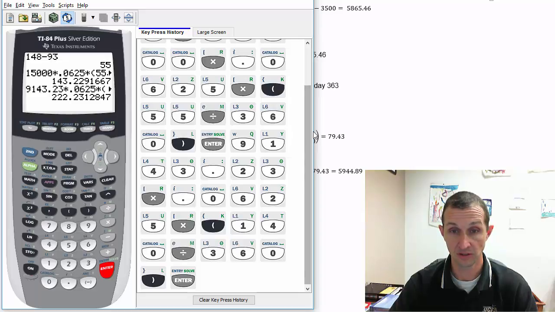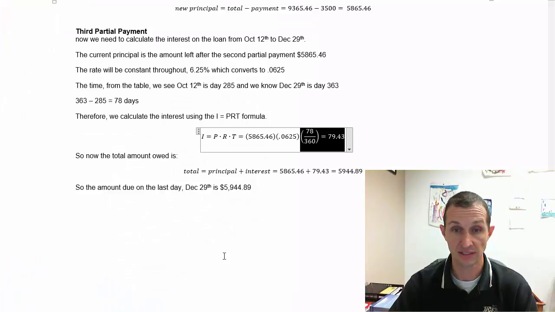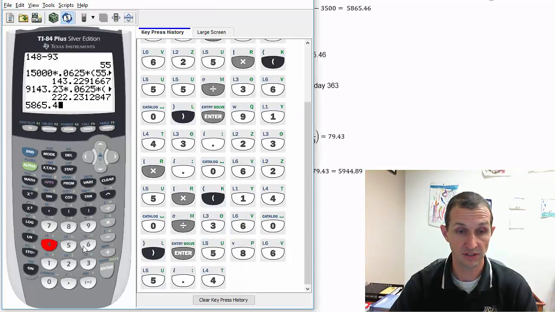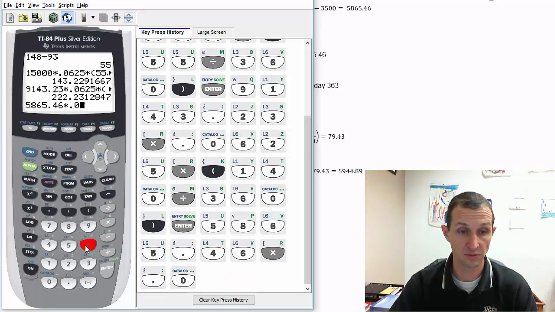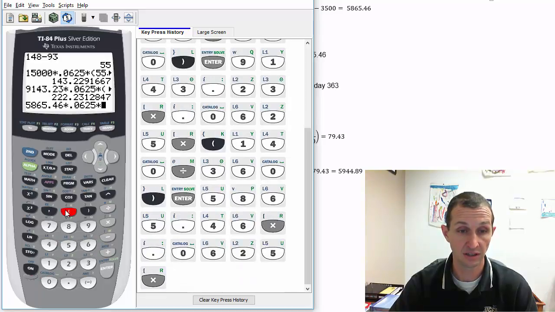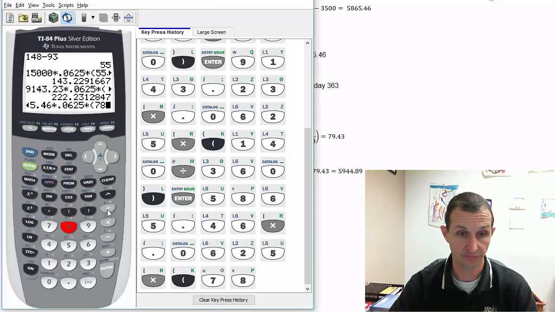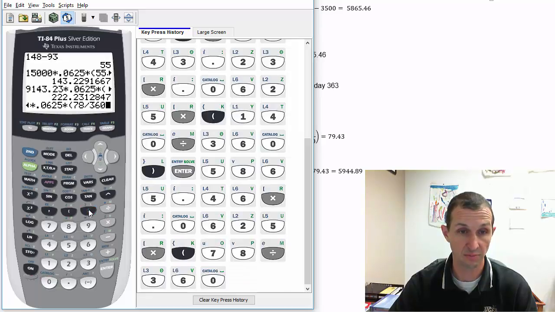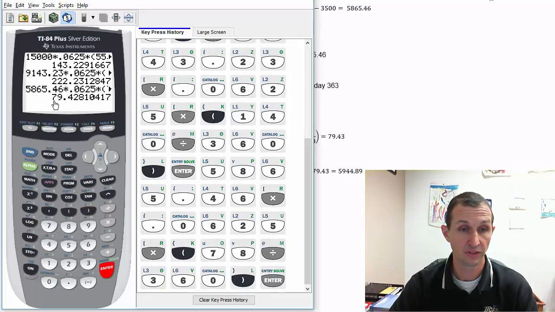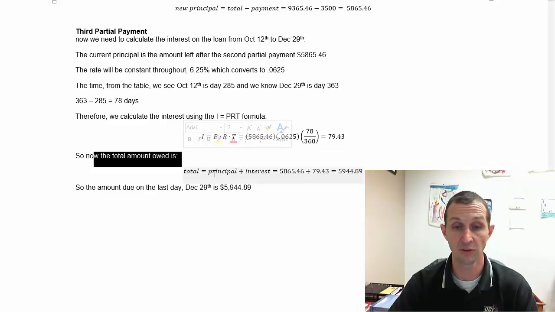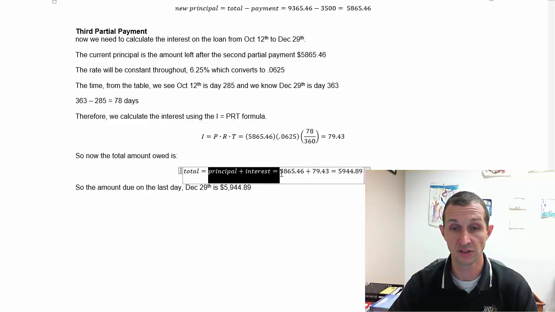So we've got the 5865.46 times 0.0625 times 78 over 360. Because again, it's banker's rule. There's the $79.43.